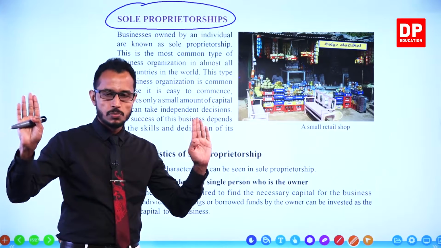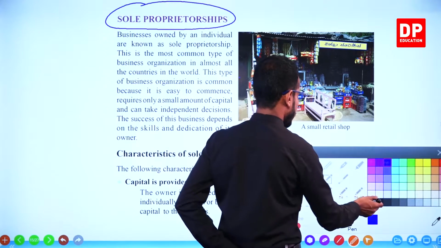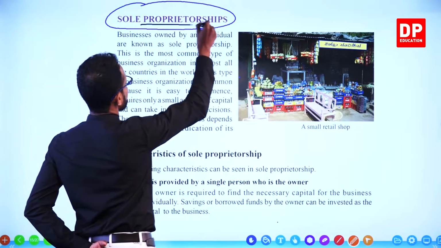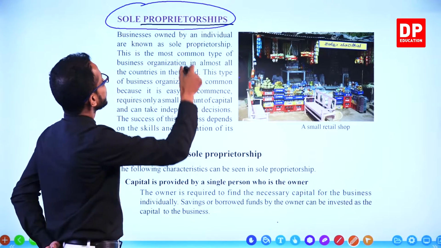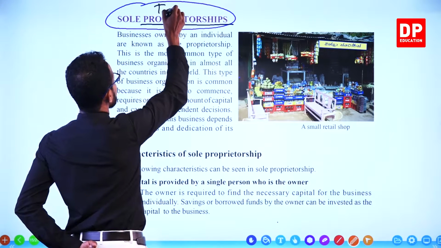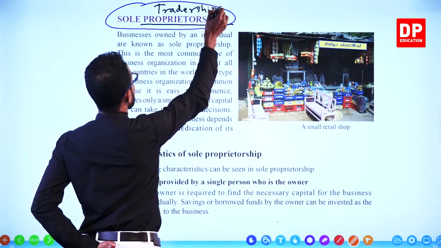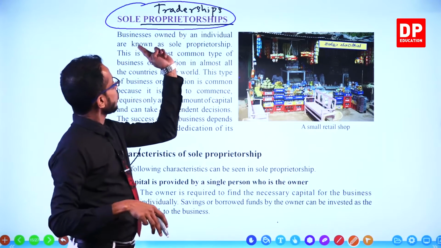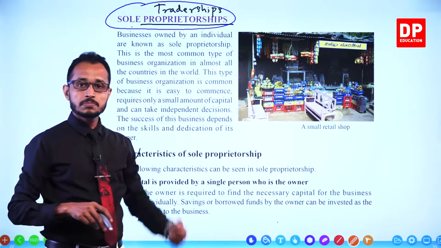That is a sole proprietorship. I will give you another name, since this is sometimes a little hard to pronounce. You can use this name, traderships. It doesn't matter. Same meaning. Sole proprietorships or sole traderships.